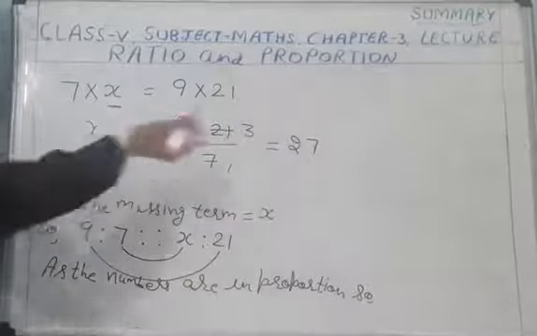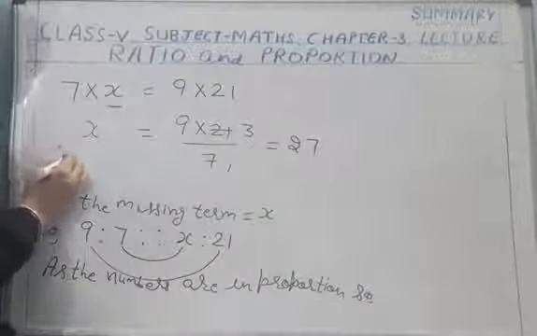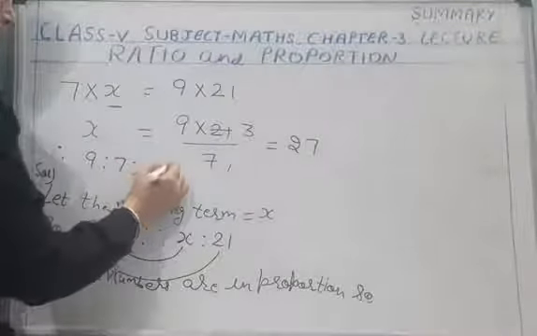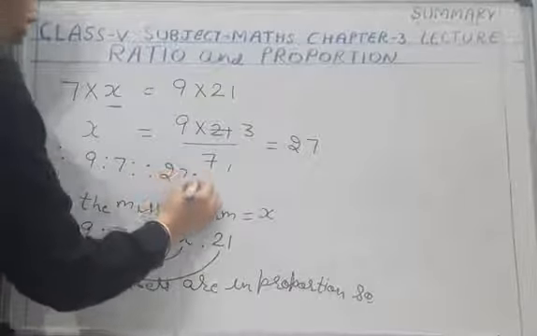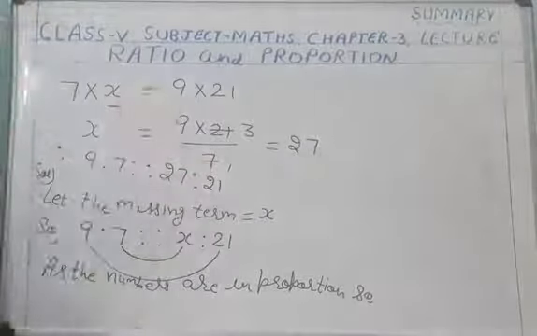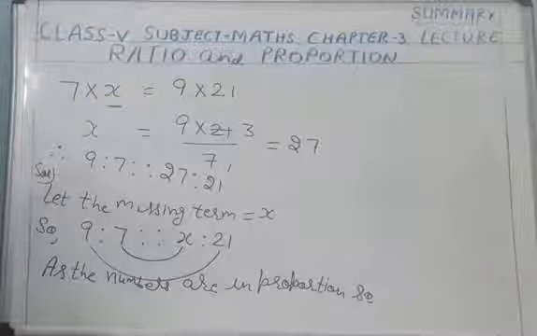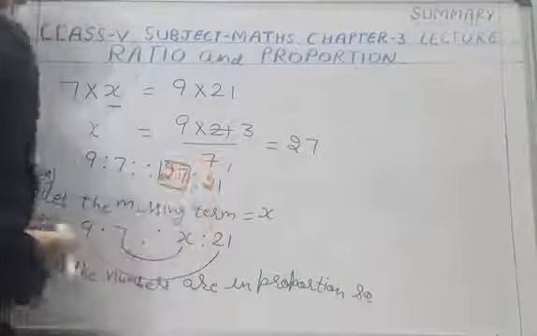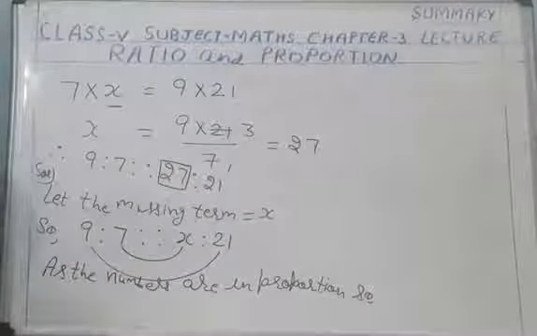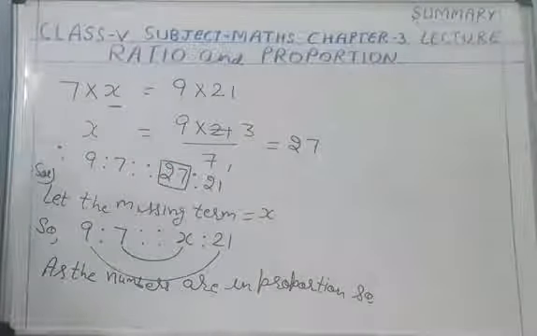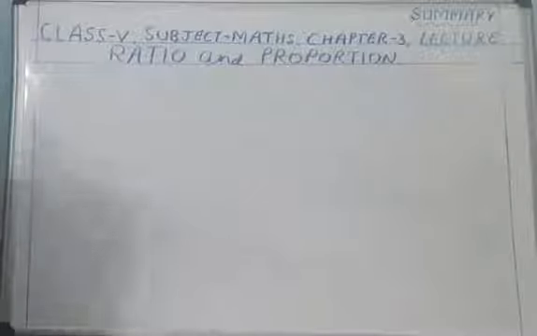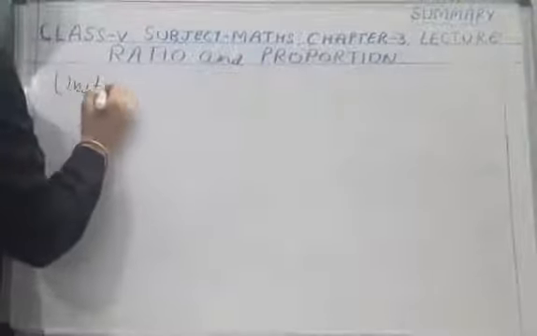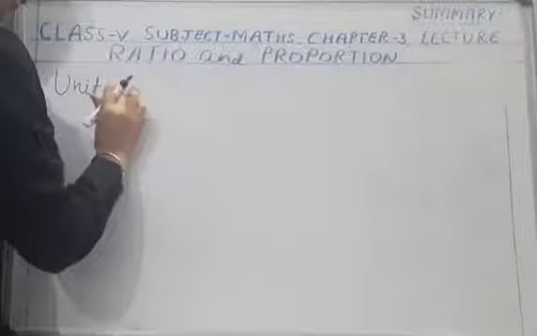So our x is 27. Therefore, 9 ratio 7 proportion 27 ratio 21. It will be our answer, so you can write down it in box. Clear? In this way we can find out the missing number. Now next topic is unitary method.